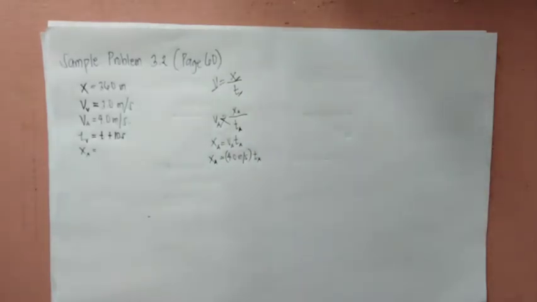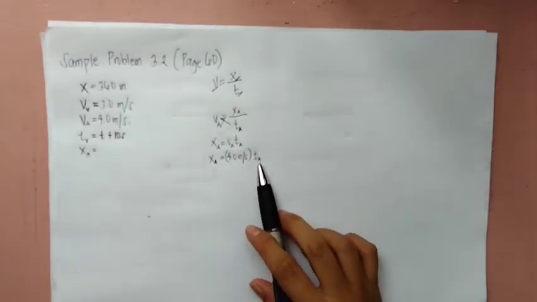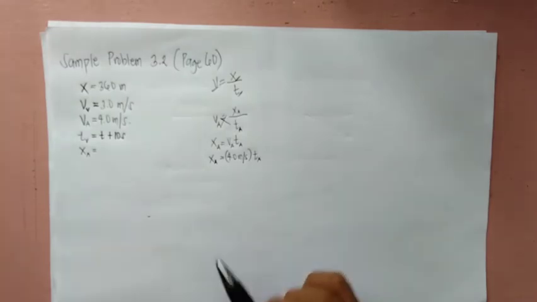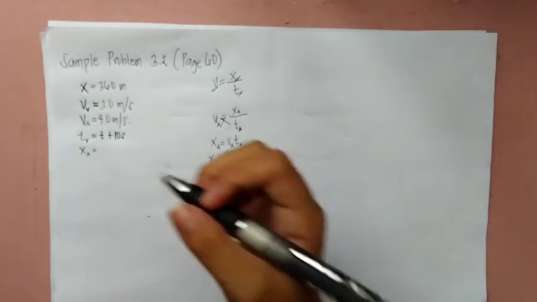So Angelito's distance is equal to 4 meters per second times Angelito's time.